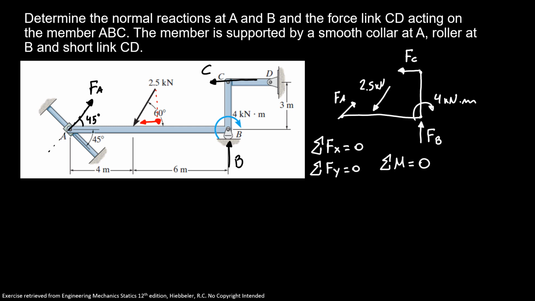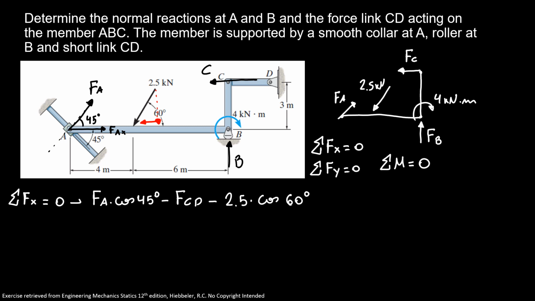Now I'm going to start with the sum of the forces in X equal to 0. So here I have FA times cosine of 45 degrees, because I'm taking the X component of my FA, minus my force CD minus 2.5 times cosine of 60 degrees is equal to 0.